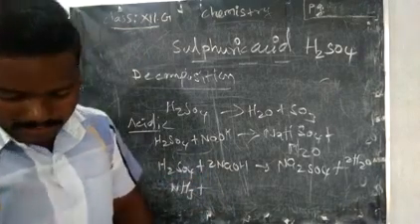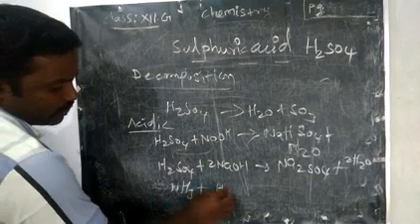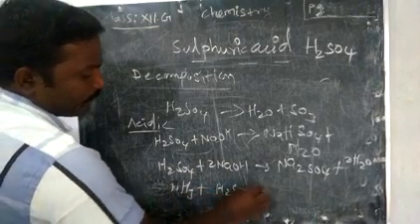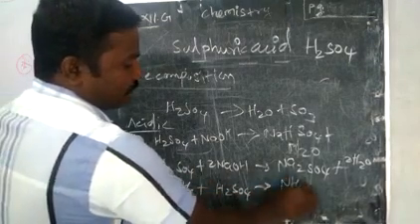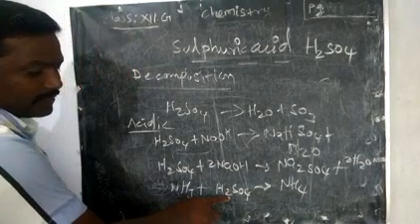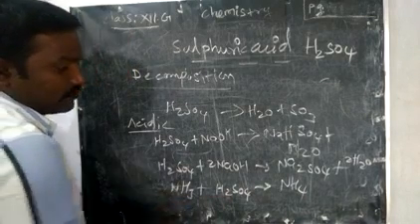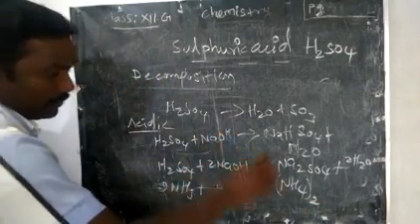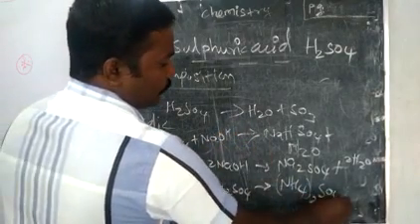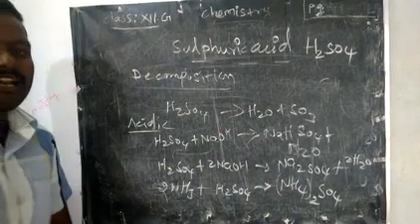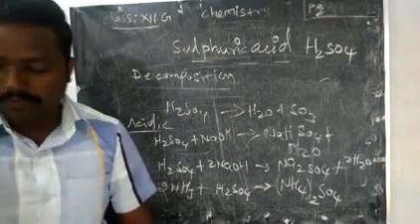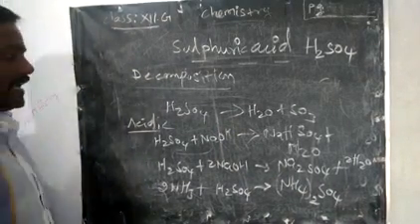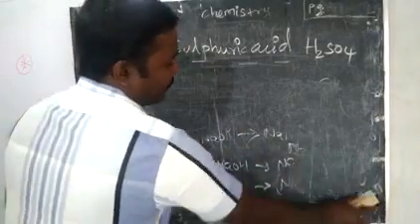Ammonia needs one more hydrogen. With H2SO4, it will form NH4. We already have 3 only, so you take 2 hydrogen also. NH4 twice, so we have to take 2 times, then SO4. Ammonium sulfate salt is produced. So we can confirm the acidic character of sulfuric acid.